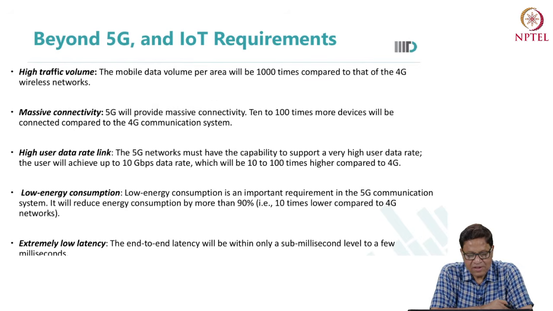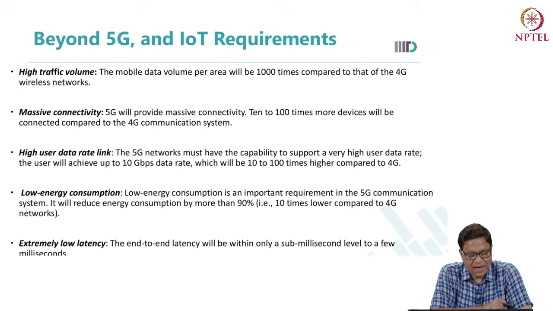So in short, what are the different requirements of beyond 5G and IoT systems? We need high traffic volume. The mobile data volume per area will be 1,000 times compared to 4G.